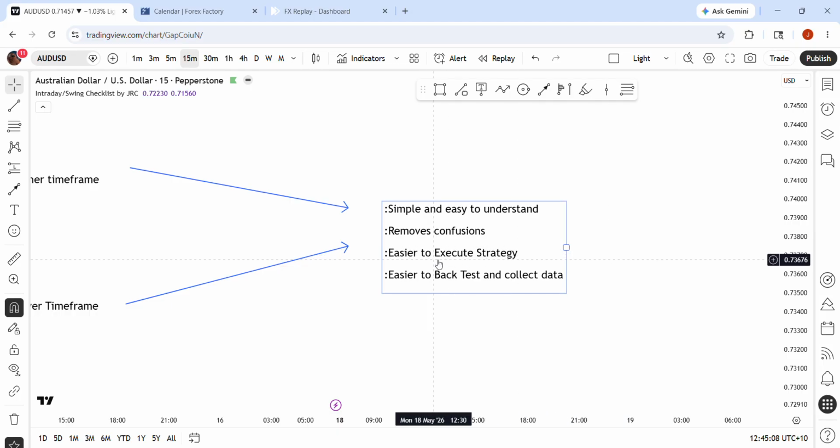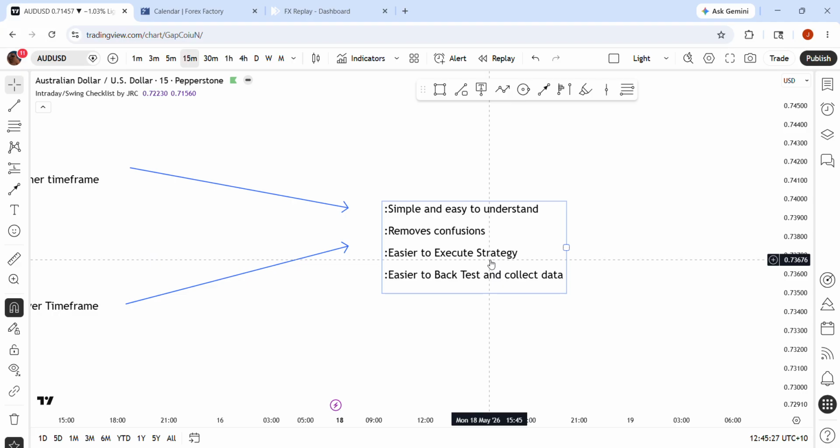It becomes easier to execute a strategy using 2 time frames, because you're only focusing on the higher time frame, which is where the majority of your analysis will be, and a lower time frame for the confirmation entries that back up that high time frame confluence.